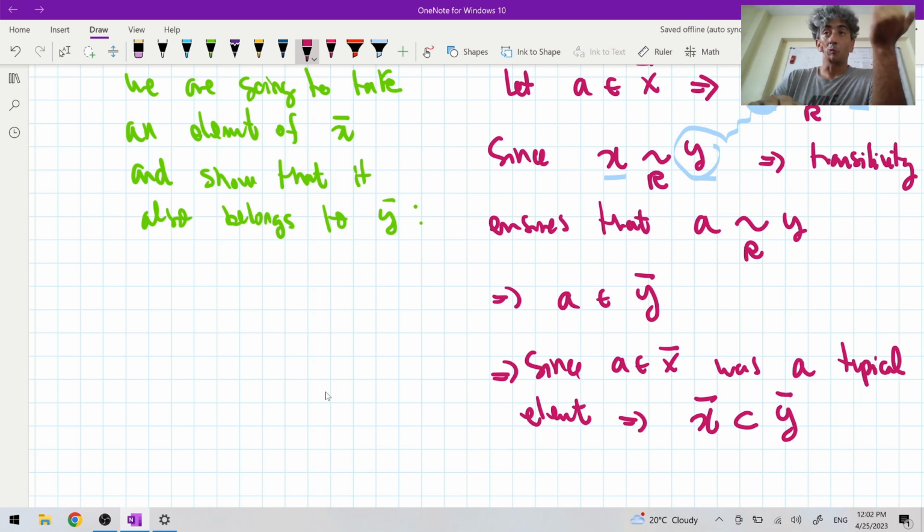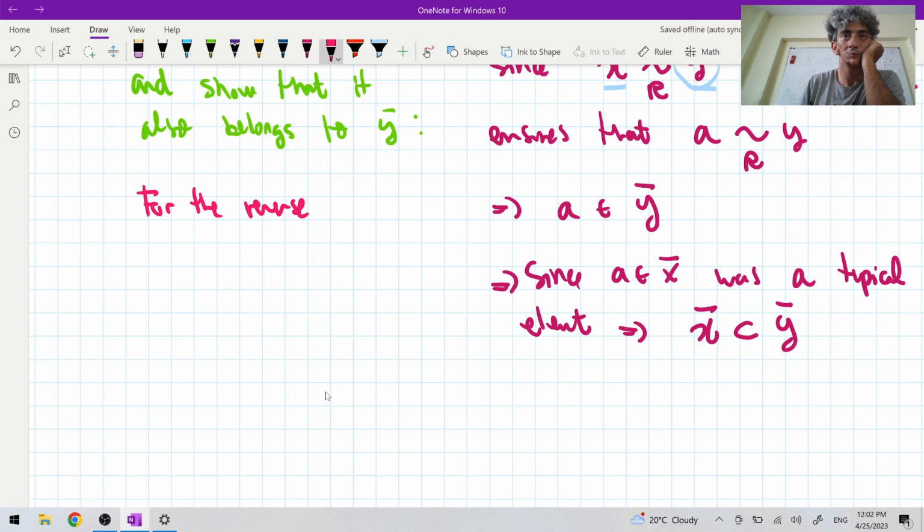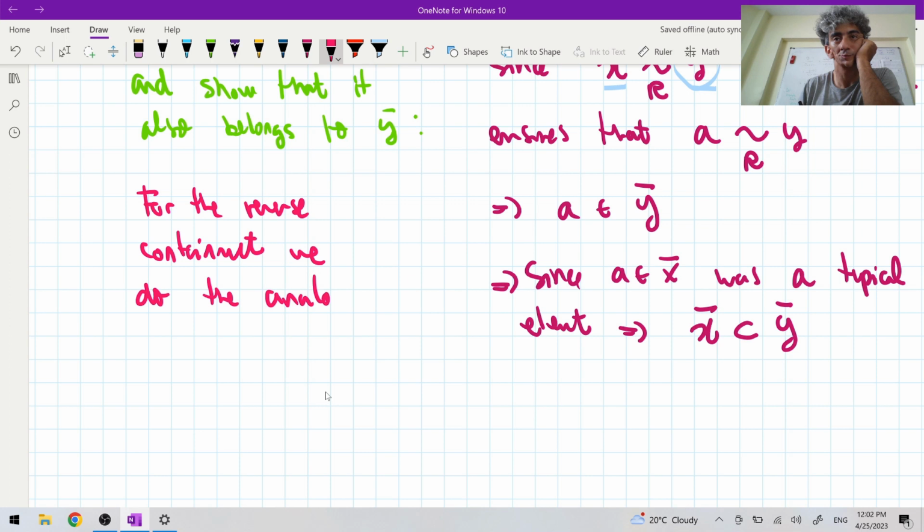If we want to prove the reverse containment, we just do the same. And we also need to use symmetry.